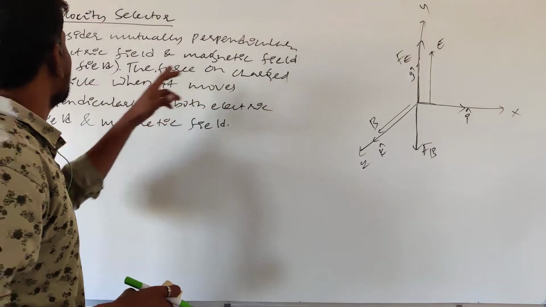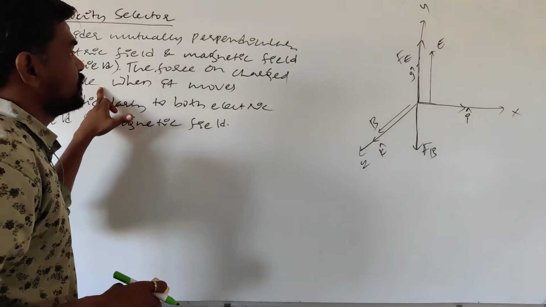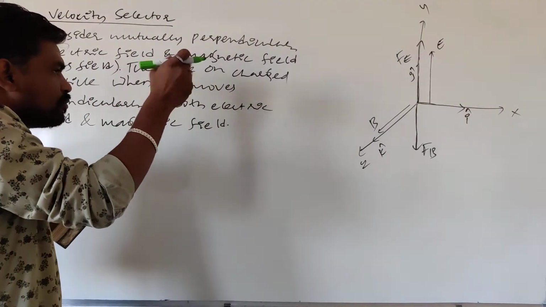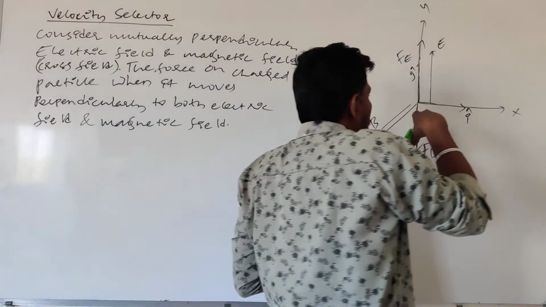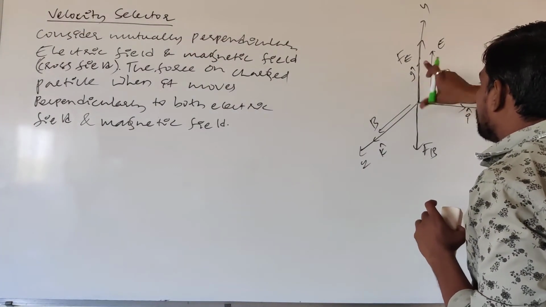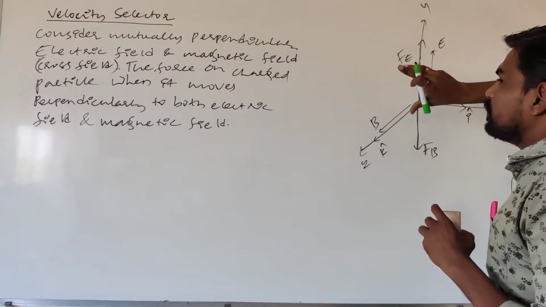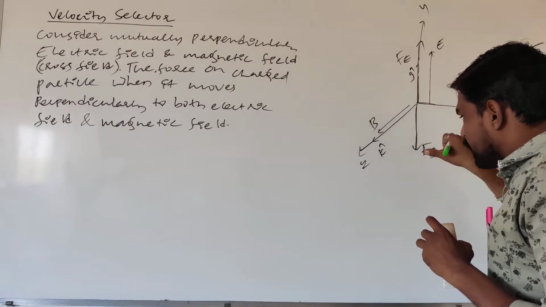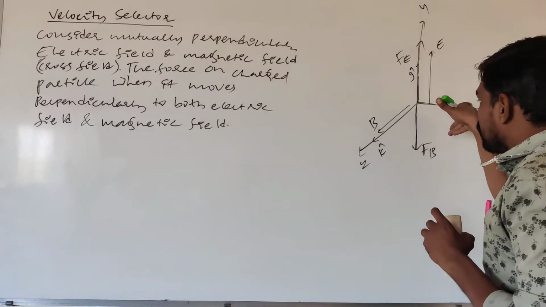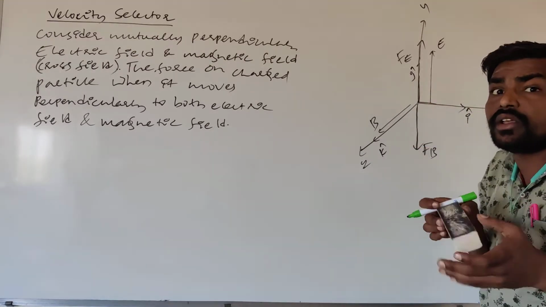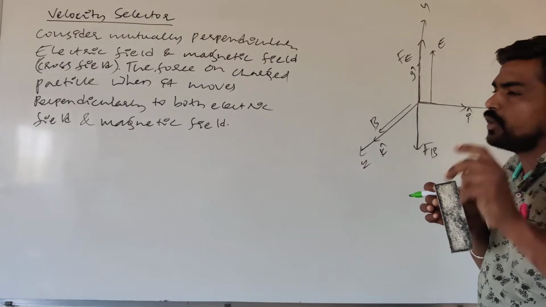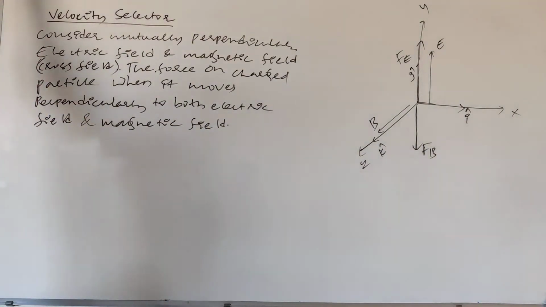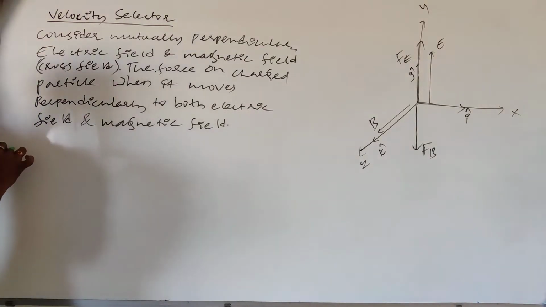The force on the charged particle moves perpendicular to both the electric field and magnetic field. It will move perpendicularly. When it moves perpendicularly, what happens here?